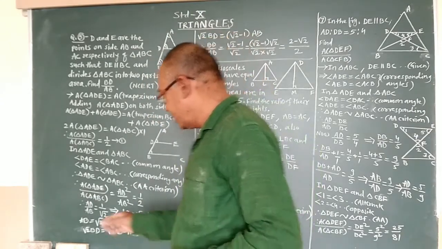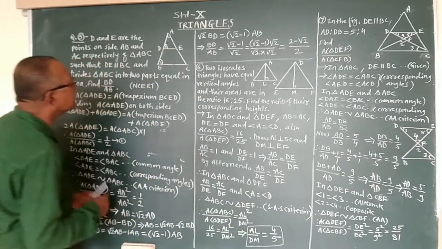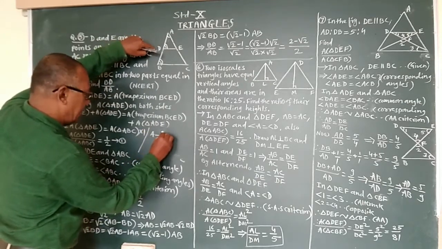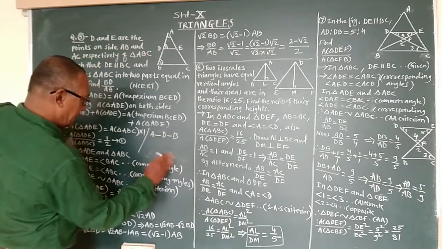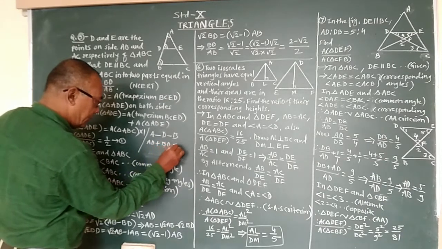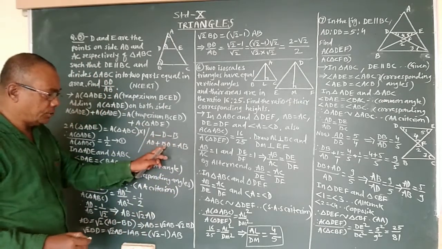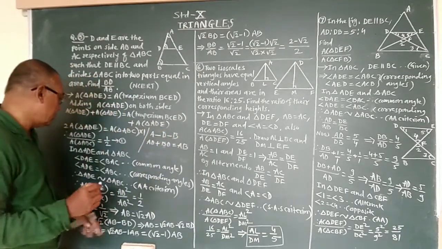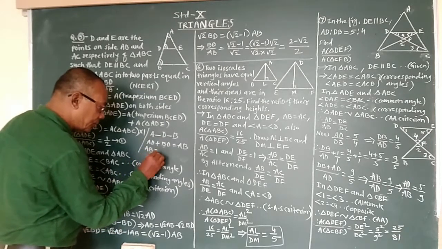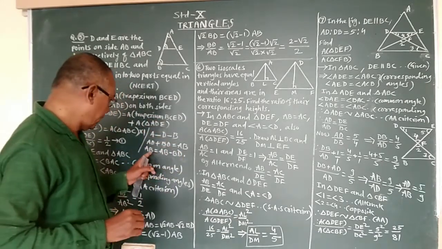We know that if we consider D between A and B, then AD plus DB or BD is equal to AB, and therefore we have to find the value of BD.